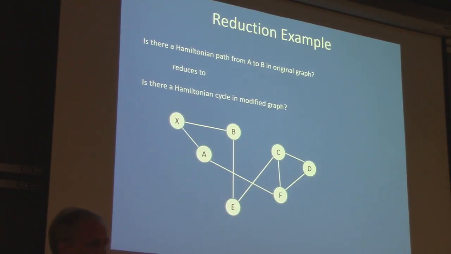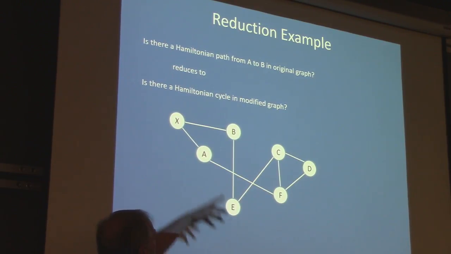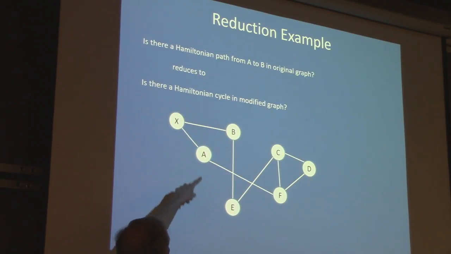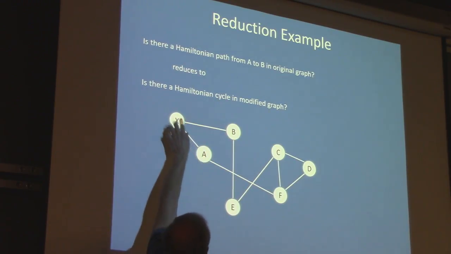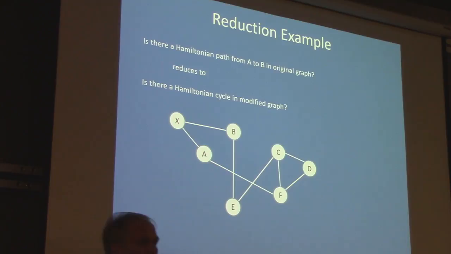If we want to know if there's a Hamiltonian path from A to B, we just create a vertex X, add a path from X to A and a path from X to B, then we find out if that thing has a Hamiltonian cycle.